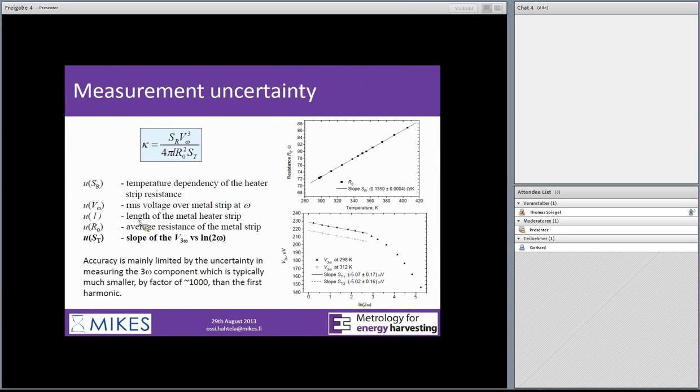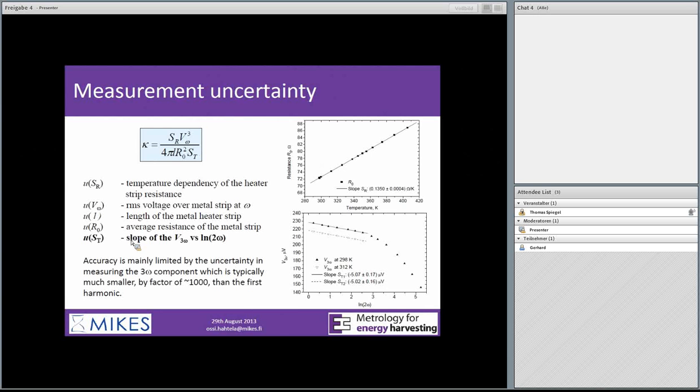The length is determined by the microlithography, by the mask that is used in the thermal evaporation of the cold metal heater. Also, we measure the average resistance of the metal strip, and resistance measurement is typically quite accurate as well.